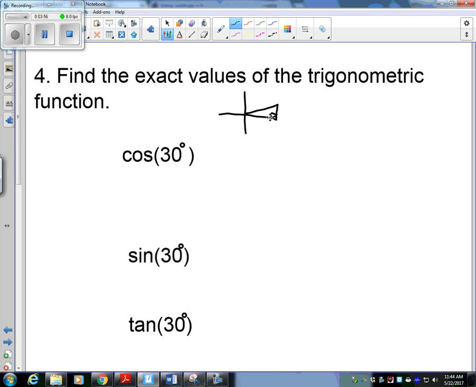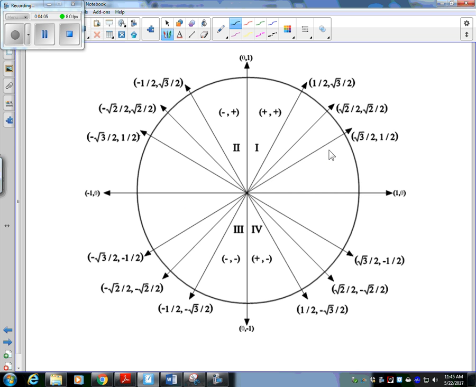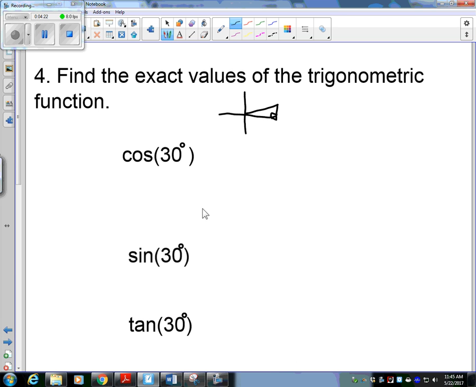So if you look back at the unit circle, this is the 30-degree angle here. And square root of 3 over 2 is a bigger number than 1/2. So the square root of 3 over 2 is the length here, and the 1/2 is the height.